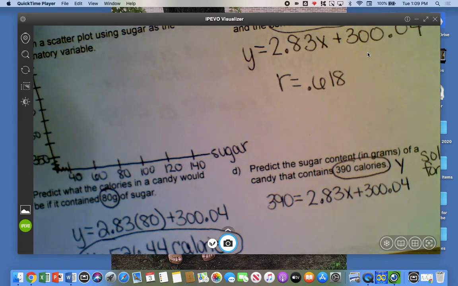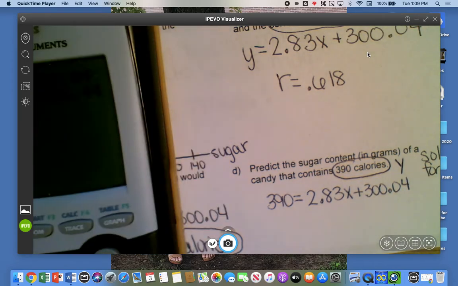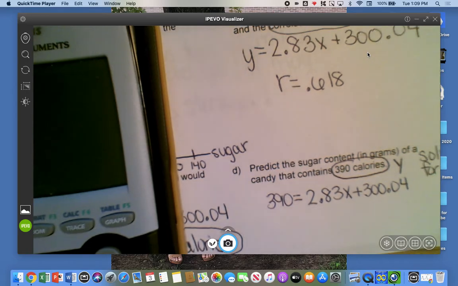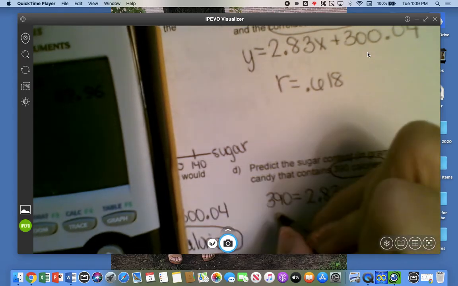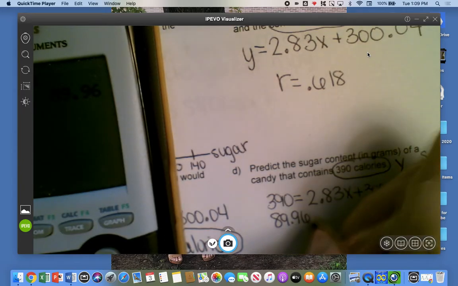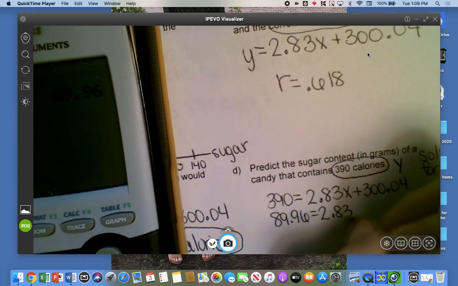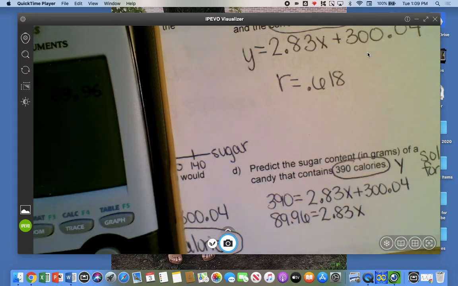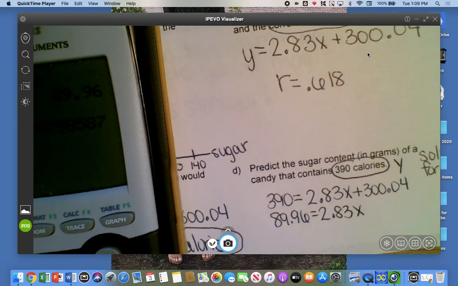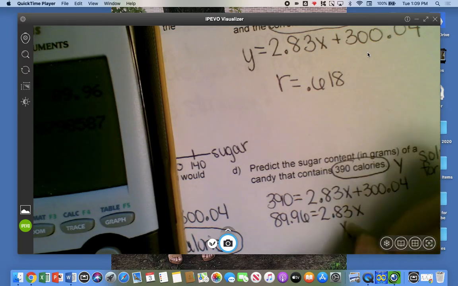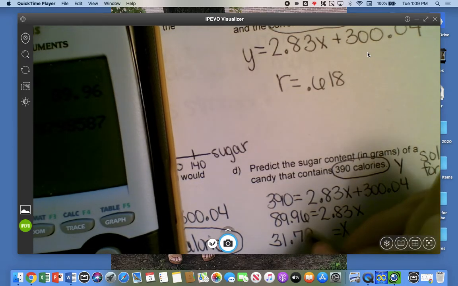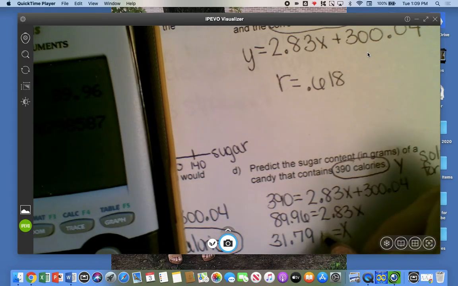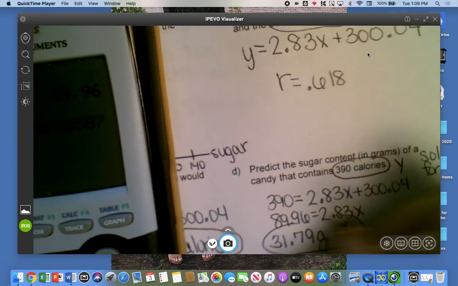And so then I'm going to subtract 390 minus 300.04, and that gives me 89.96, and then divide by 2.83. What did you guys get? I got 31.79, and this is grams of sugar.